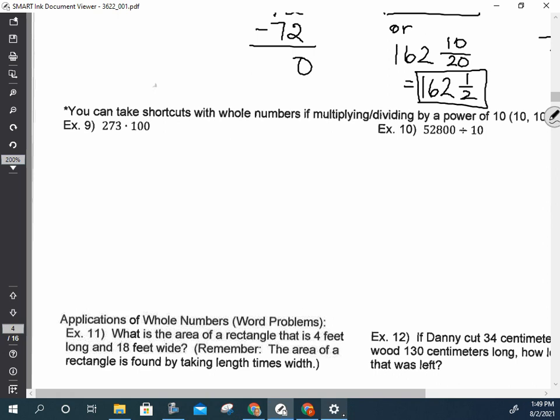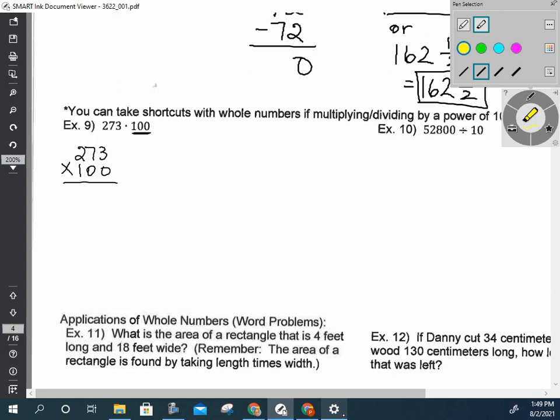So, example 9, you have 273 times 100. You can always set it up the long way and solve it like that. If you solve it that way, that will get you to the right answer as long as you do your computation correctly. However, since you are multiplying by 100, there's an easier way to solve it out.